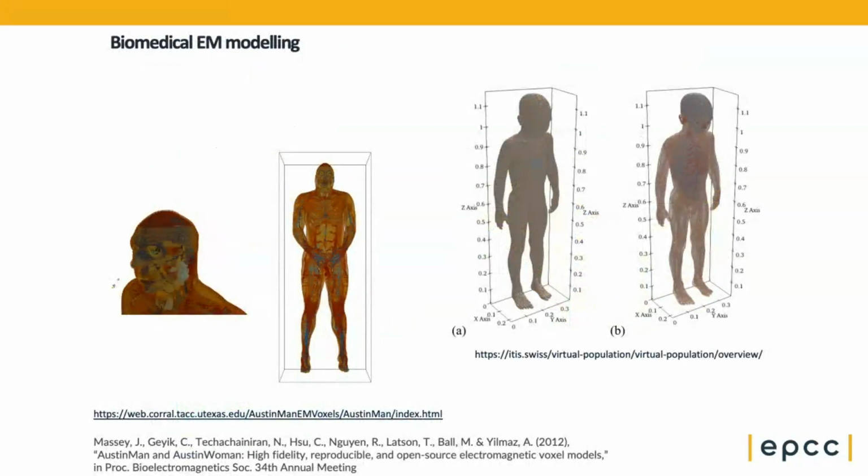Also, some people have tried gprMax in bioelectromagnetics, and there are some papers where people tried that instead of other bigger commercial codes. Here are some models that were created using the Austin Man or another model mesh from IT'IS.